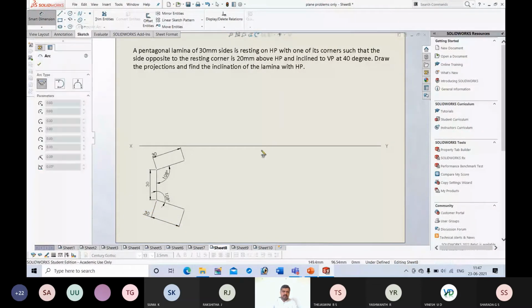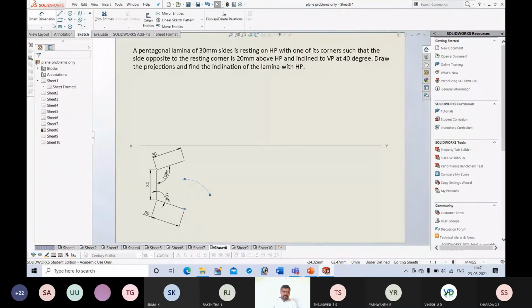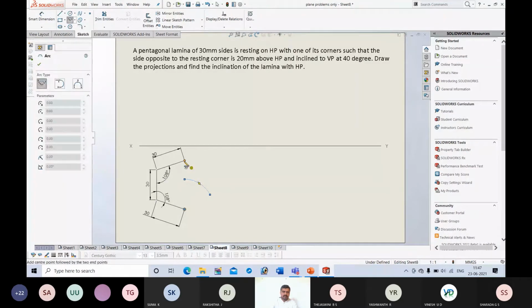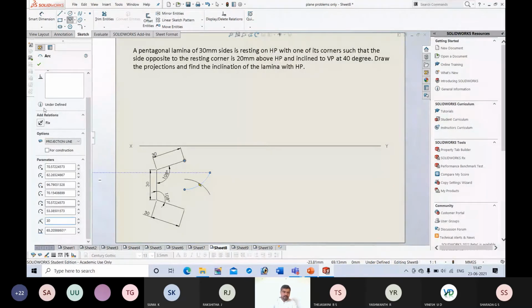So take 30 as radius and draw an arc. Next, again with the same 30 as radius, from this point as center, draw an arc. And next connect the points.